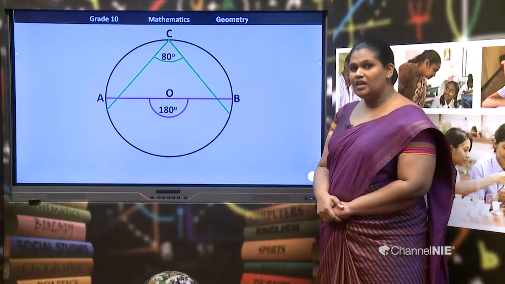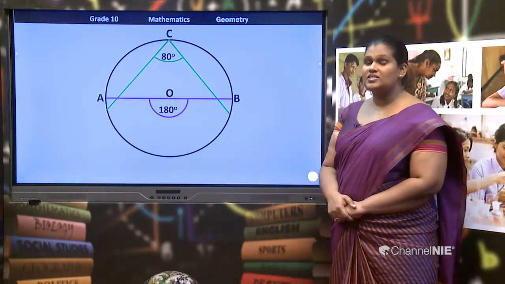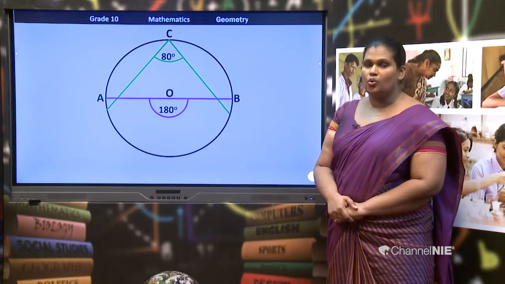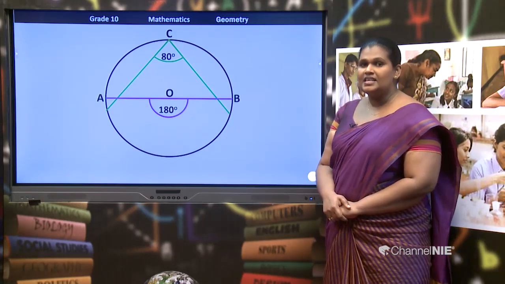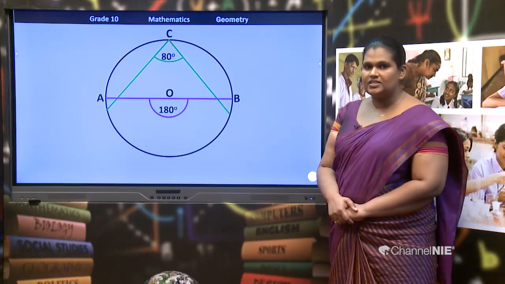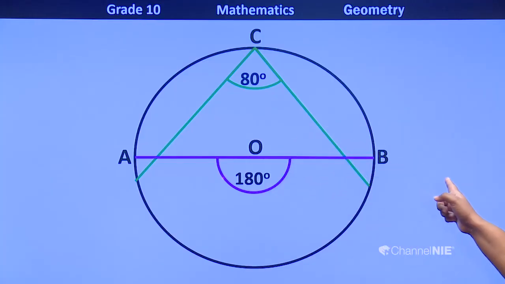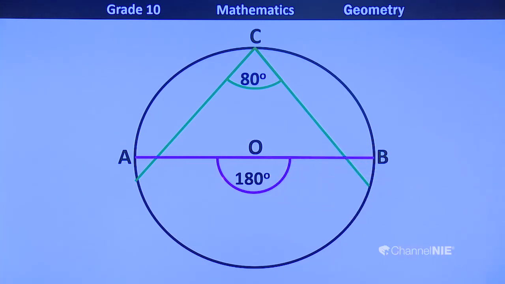Now, if we draw a straight line segment through a circle and it is going through the center O, what can you say about that? That is the diameter of the circle, isn't that so? AO is a radius, OB is also a radius. So, if the angle is 180 degrees, of course, AOB should be the diameter of this circle.